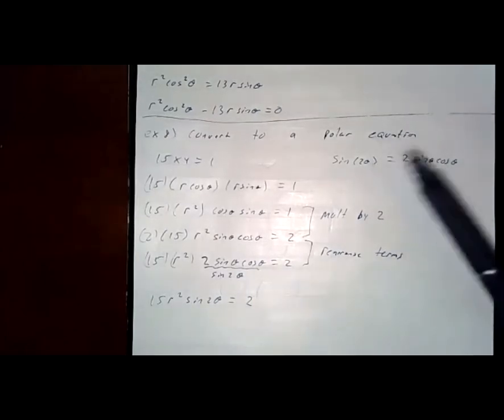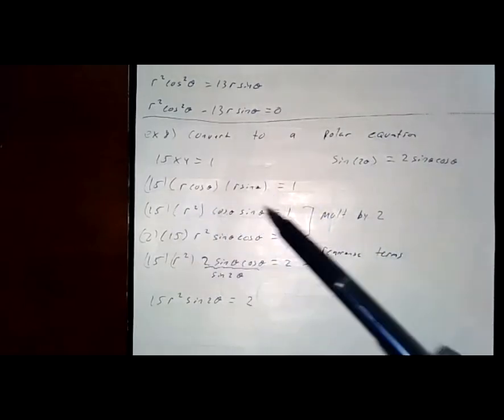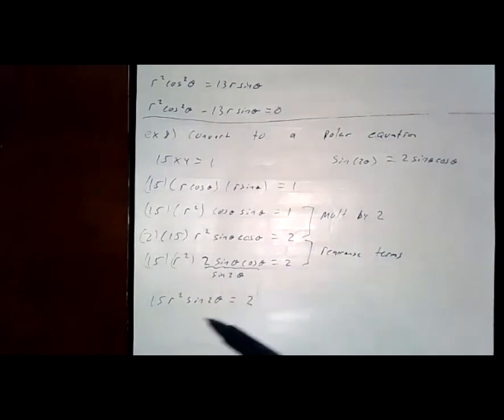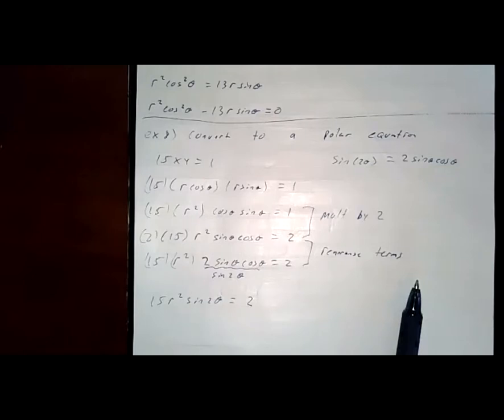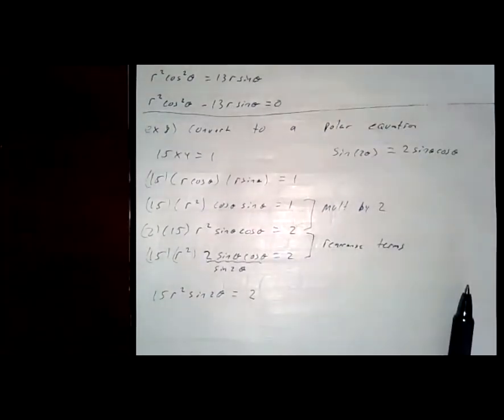Now, technically, this answer up here was not incorrect. I just used identities to make it more compact. If the homework tells you to go a little further, then maybe you'll have to, but technically this is fine. Why doesn't the 2 affect the 15 at all?